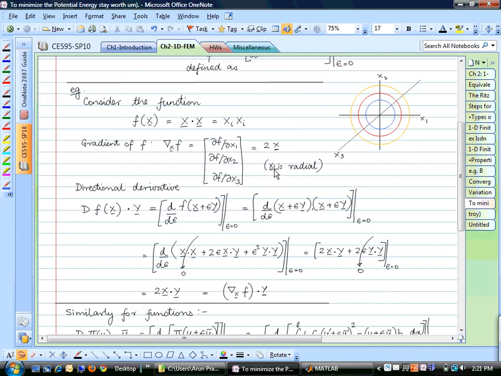So the direction of greatest increase of f is the radial direction. All these circles are values of constant f, so the gradient is perpendicular to the direction of constant f. If you take that gradient and dot it with another vector y, that will tell you how much f changes in that direction. That's why it is called a directional derivative.